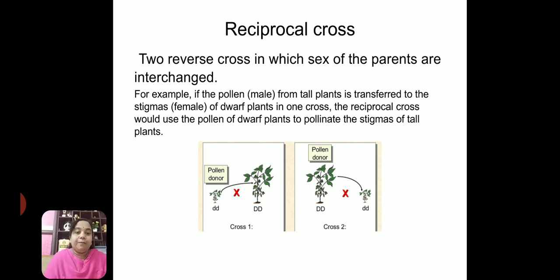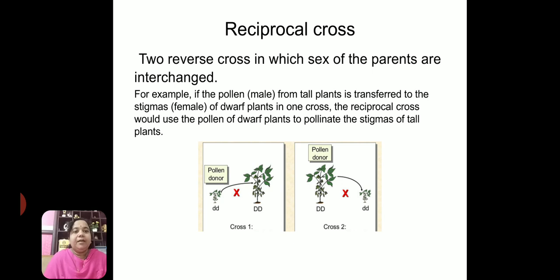In the case of plants, if the pollen from a tall plant is transferred to the stigma of a dwarf plant in one cross, in the reciprocal cross what will be considered? The pollen of the dwarf plant will be considered.